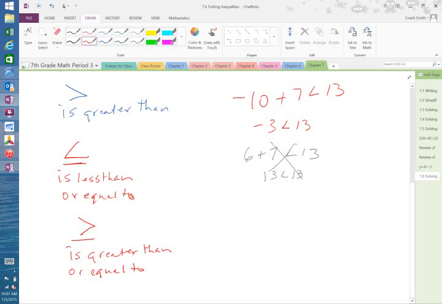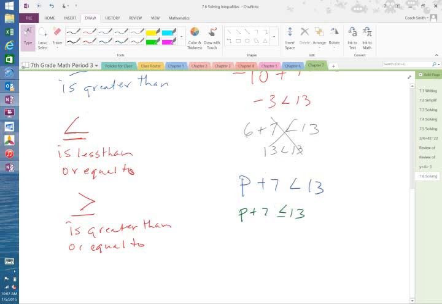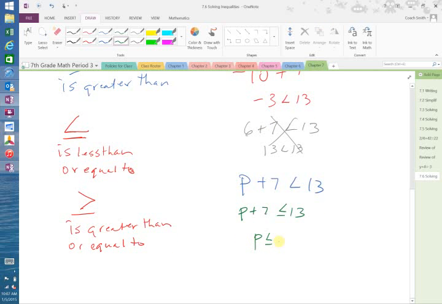So if that equation that we talked about, p plus 7 is less than 13, actually was written this way, then that changes what my answer is. If I have that written, then that would give me p less than or equal to 6.